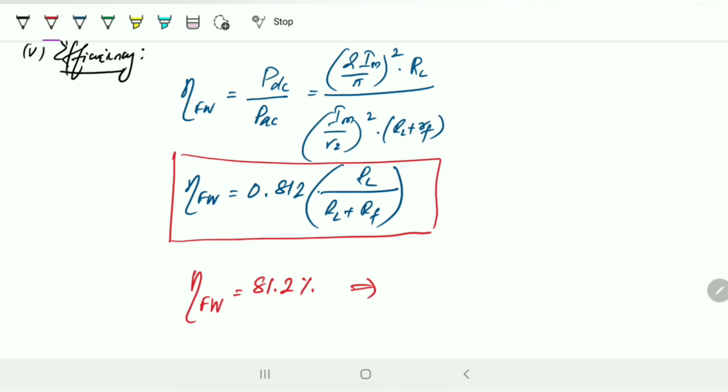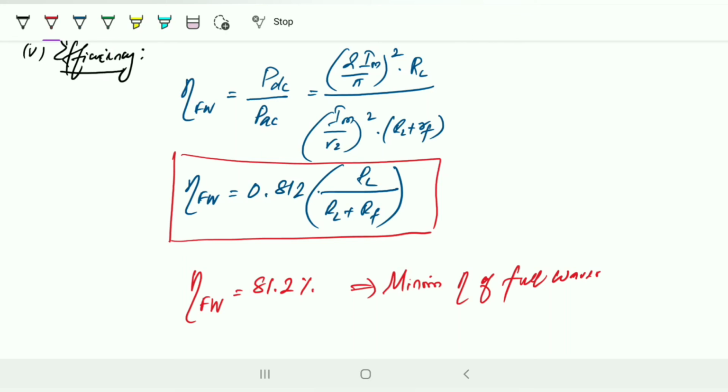Compared to the half wave rectifier, this is almost double the value. In the half wave rectifier you get around 40.6%, and the same value doubled is almost 81.2% for the full wave rectifier.